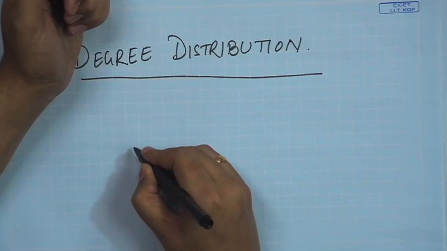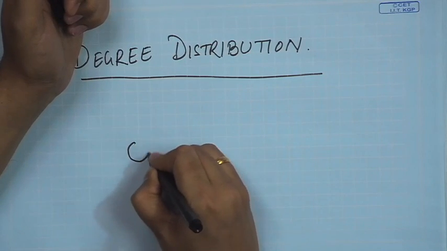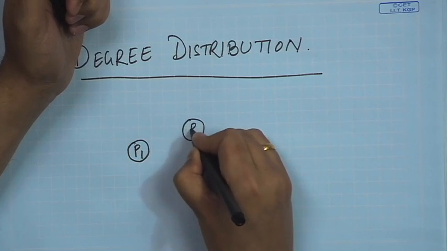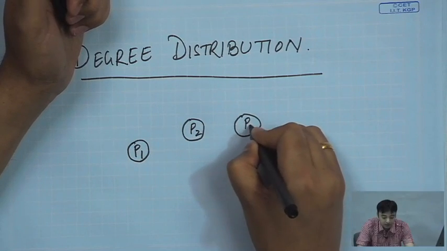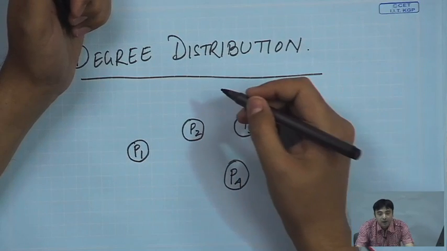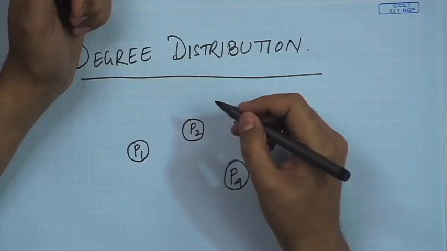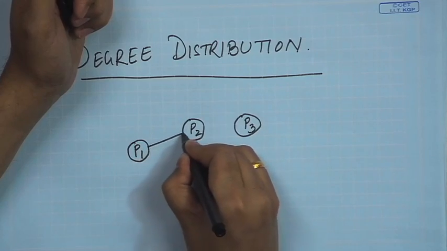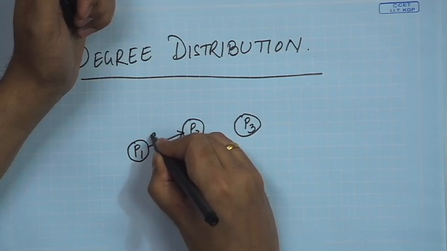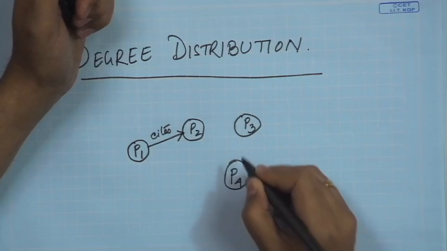As I already told you, and as you also see in the slides, the citation network is composed of nodes which are papers, say P1, P2, P3, P4, and if a paper say P1 refers or cites a paper P2, then there is a directed link from P1 to P2, indicating that P1 cites P2.